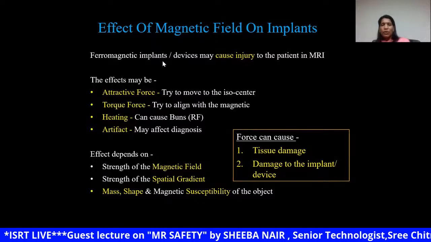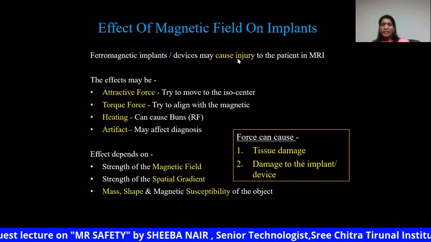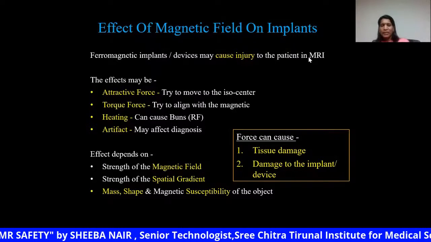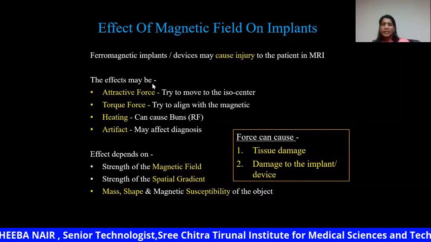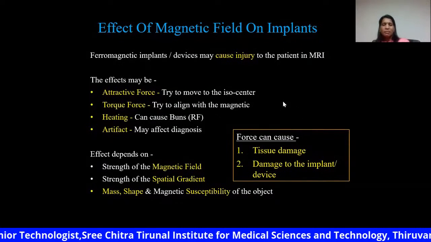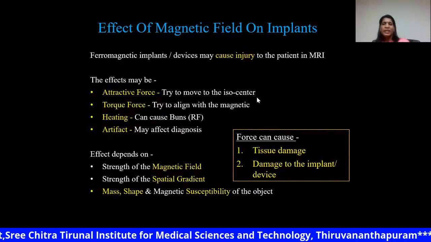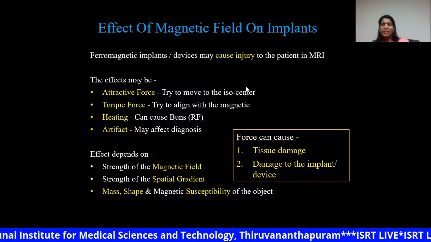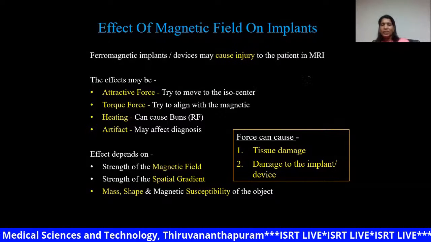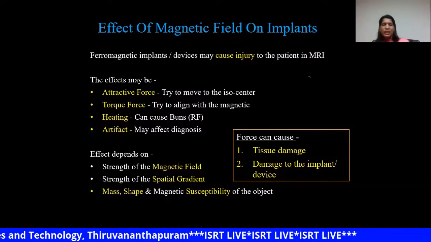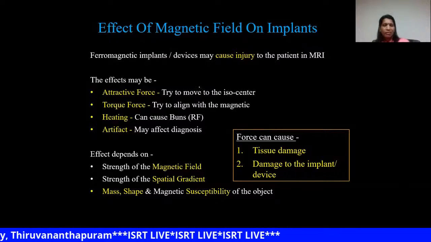Ferromagnetic implants or devices can cause injury to the patient because these ferromagnetic devices will get magnetized in the magnetic field. Once they are magnetized, the magnet will try to pull this device to the isocenter, that is the attractive force.